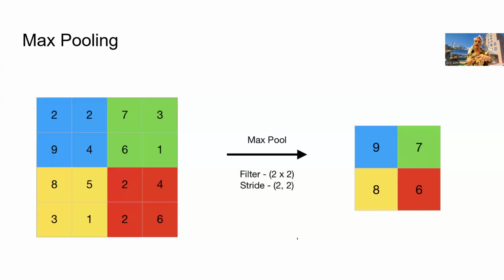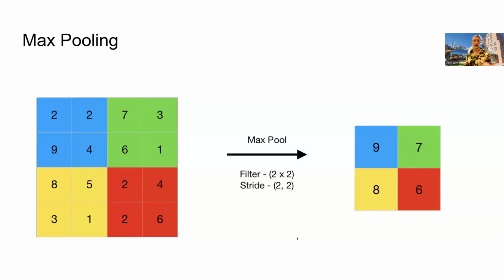But if I can condense it into something lower res, and then have convolutional layers act on that, then I'm starting to pull in longer range interactions. That's one way to get the longer range interactions in. And one of the ways to reduce the size of the output is this max pooling operation.